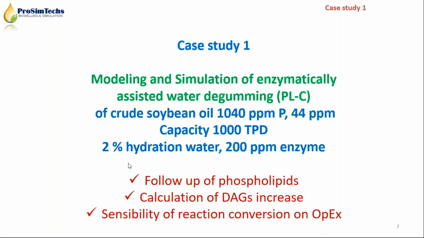Then to calculate the glyceride increase, which is related to the action in this case of the PLC enzyme, and in a way is an indicator of the activity of the PLC enzyme in this type of enzymatic degumming process. But it is also an indicator of oil saving, which is in fact the OPEX driver to choose this type of degumming.